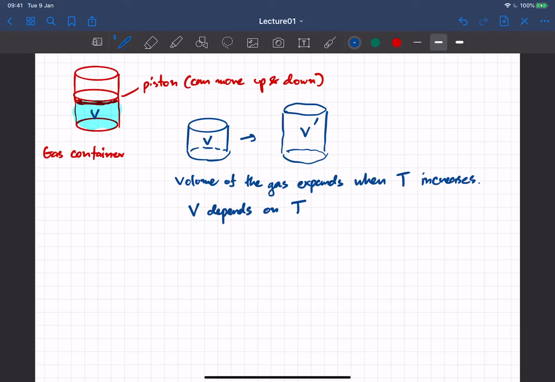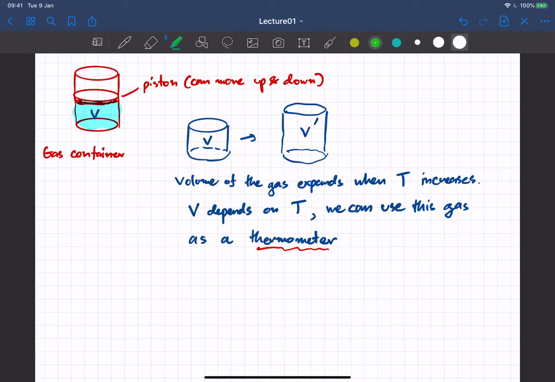So if V depends on T, volume depends on temperature, then we can use this gas container as what we call a thermometer, which is essentially anything that changes according to the temperature.